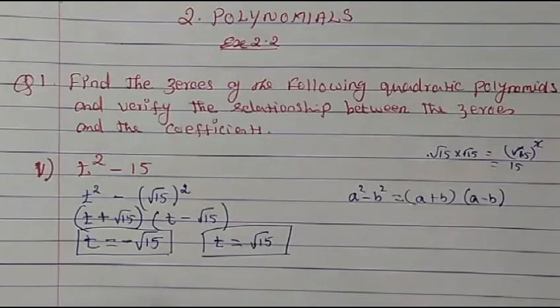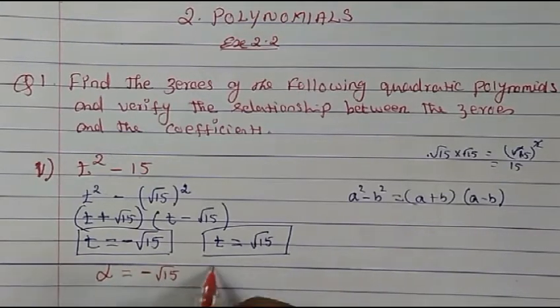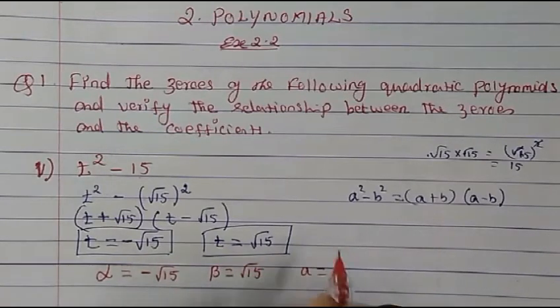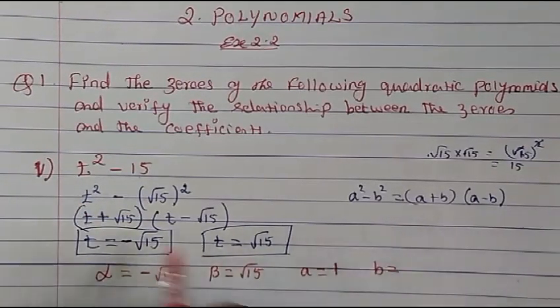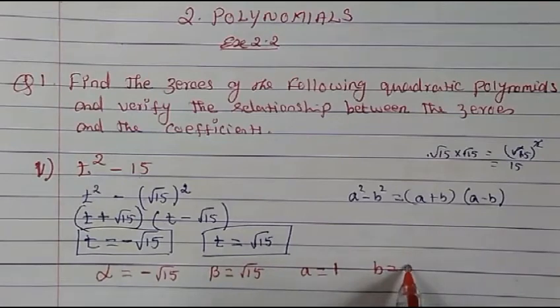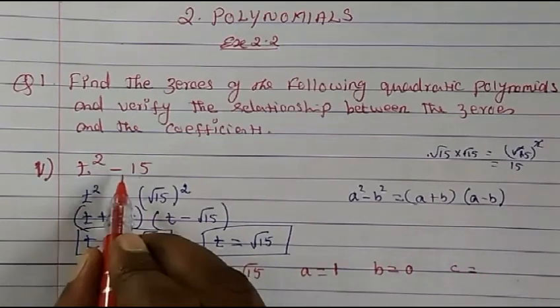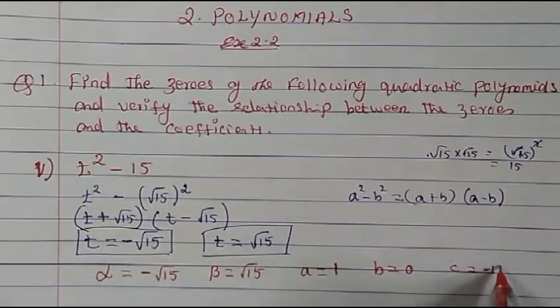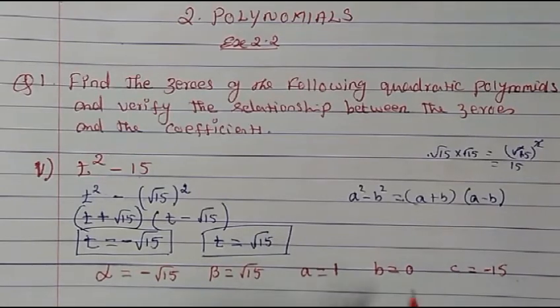So now let's write this down. Alpha is minus root 15, beta is plus root 15, and a is 1. b is not given to us, so it is 0. Then c is minus 15, because c is the constant term.